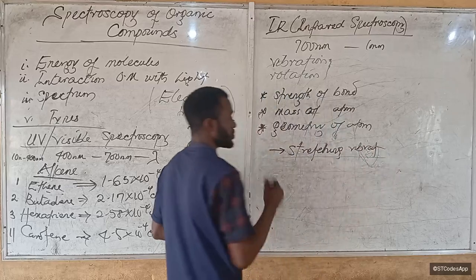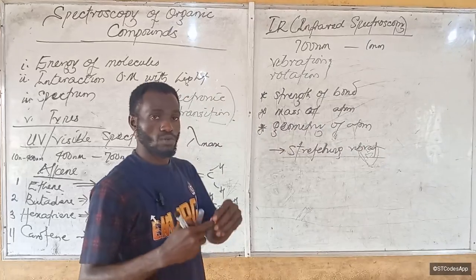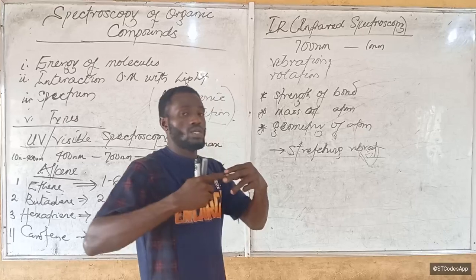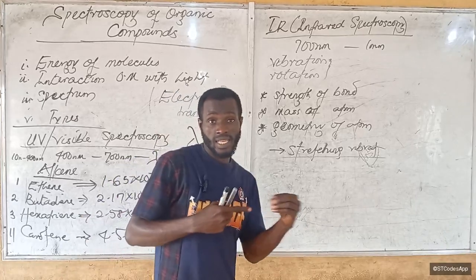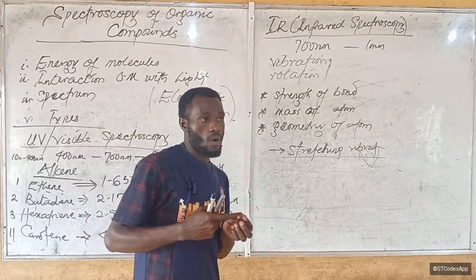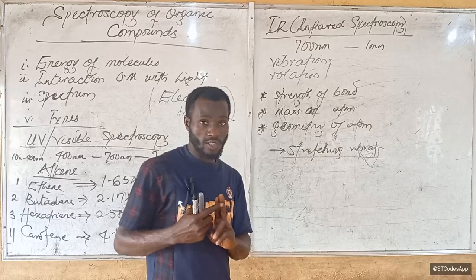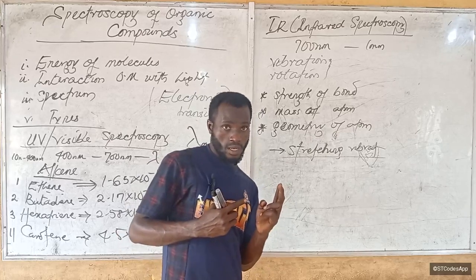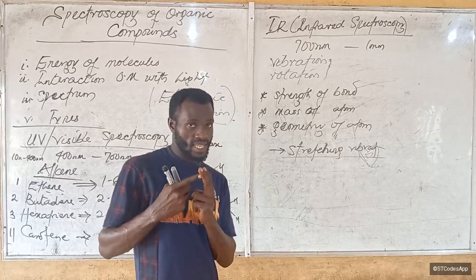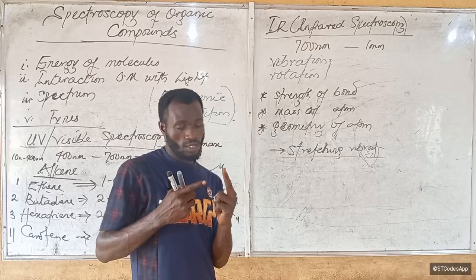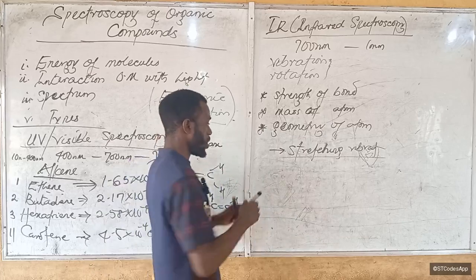What this vibration basically does is cause the bond to either increase in length a little bit, which means the atoms move farther away from each other, or reduce in length, which means the vibration causes them to move closer to each other.